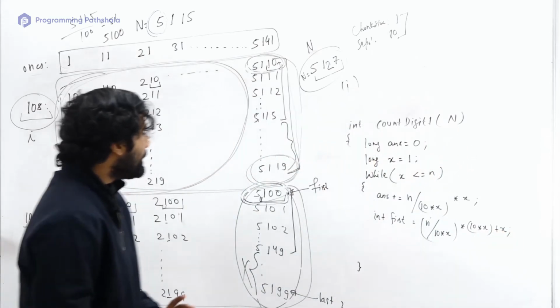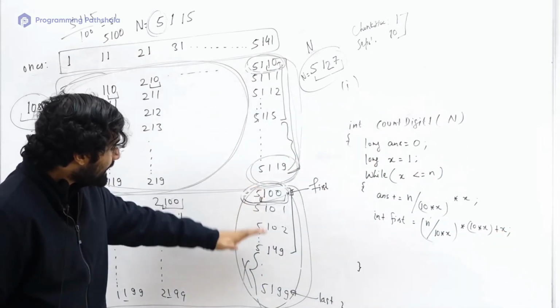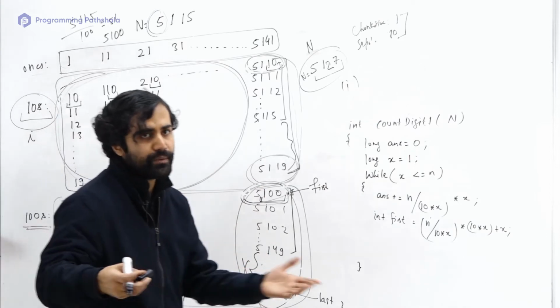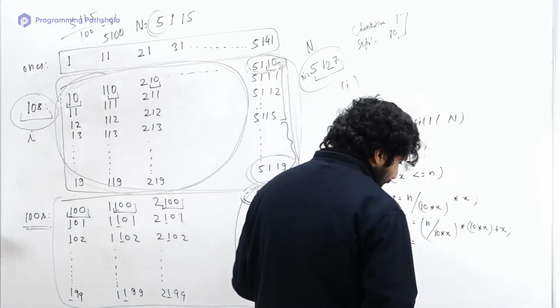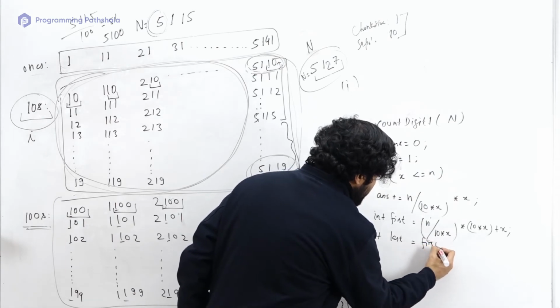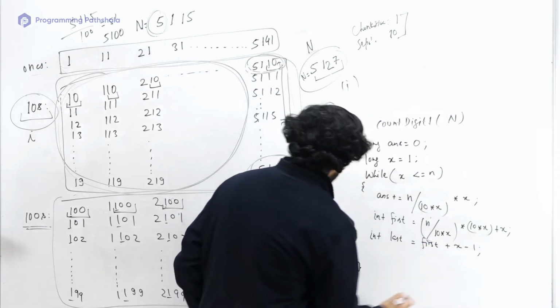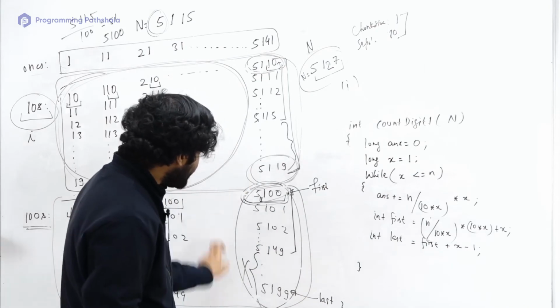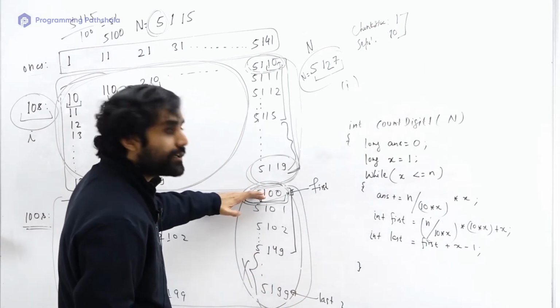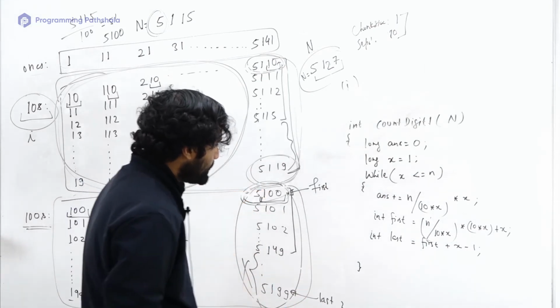This way I am able to generate my first, and then I'll be able to generate my last also, and then I'll do my check, and then my job will be done. Last will be first plus x minus 1, because every chunk has got x items, and if the first item is denoted by first, the last one will be first plus x minus 1.